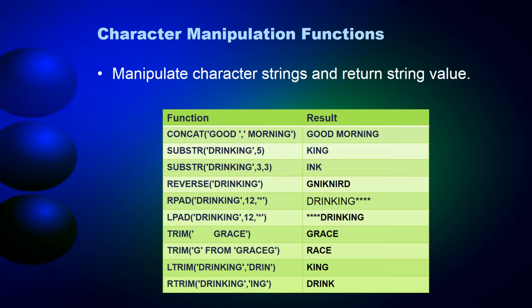Next is substring of main string, starting position and the number of characters for the substring. For example, we can see substring of drinking, 3, 3, that is the starting position of our substring is 3, that is from I it will count 3 characters for the substring, so it will return ink.